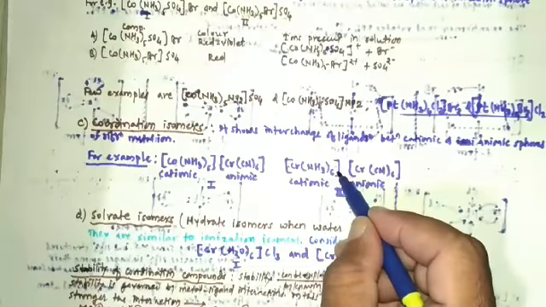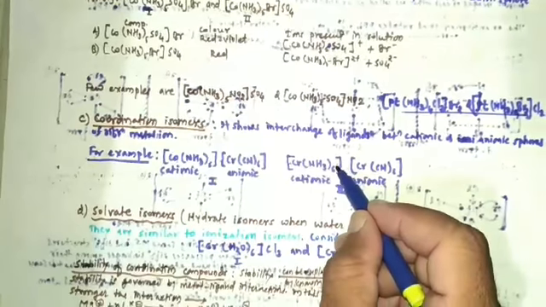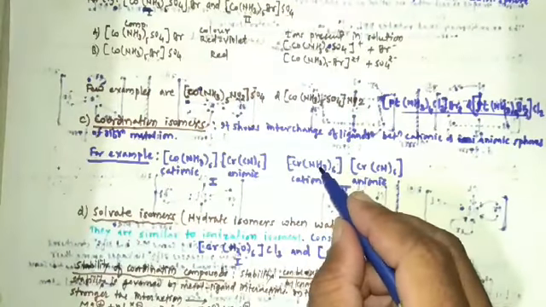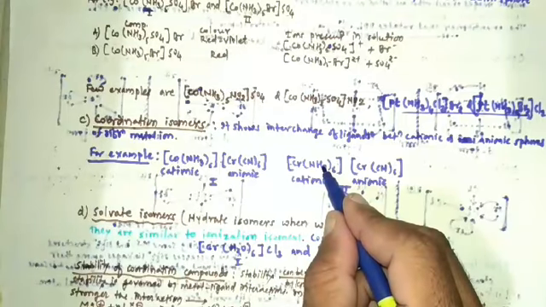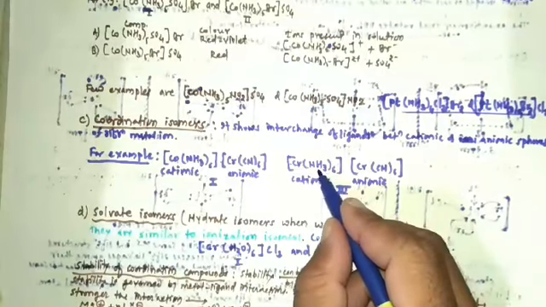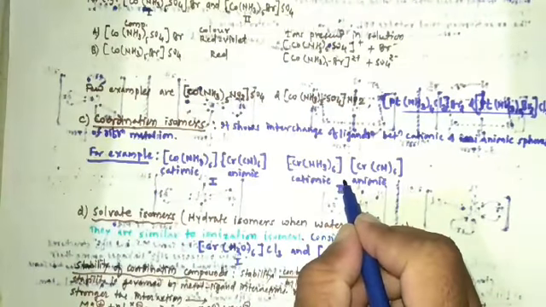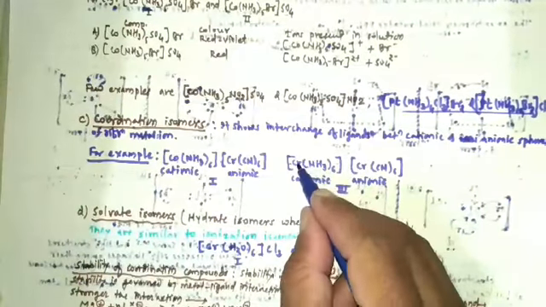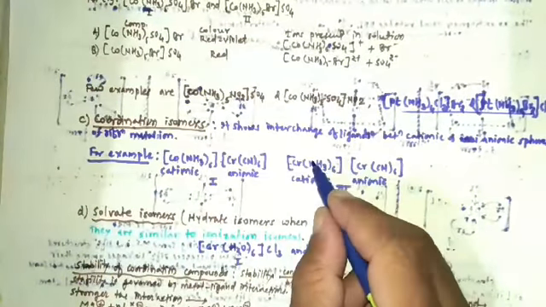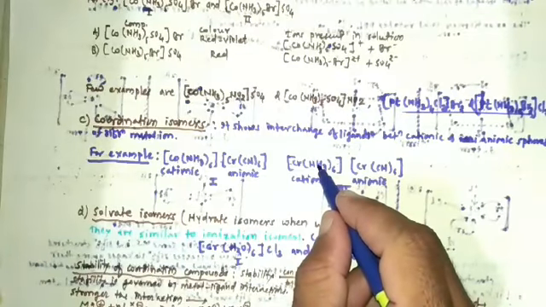In the second isomer, the ligands coordinated to the metals are interchanged.